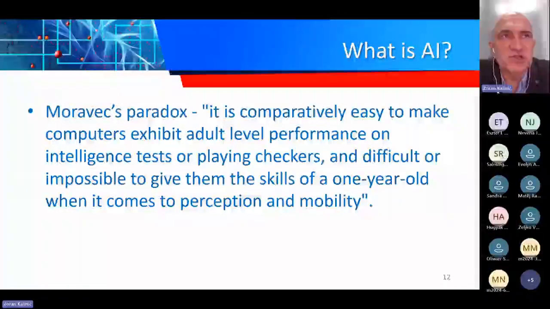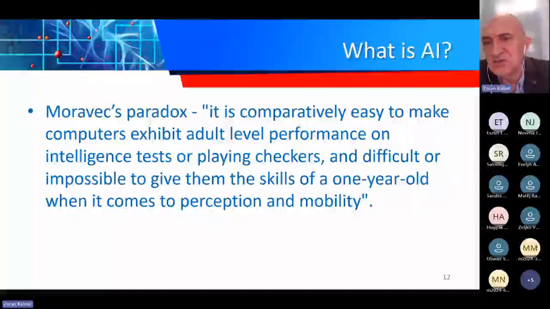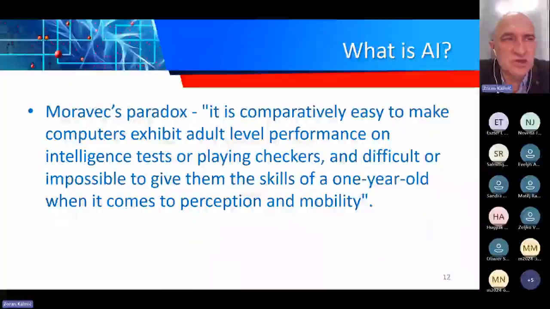So for them, it's much easier to make a decision or to analyze a lot of data or to produce a summary of a book of 1,000 pages than to do some things that are very easy for us as humans, even for children of 1 year or 5 years. Particularly in the area of perception and mobility.